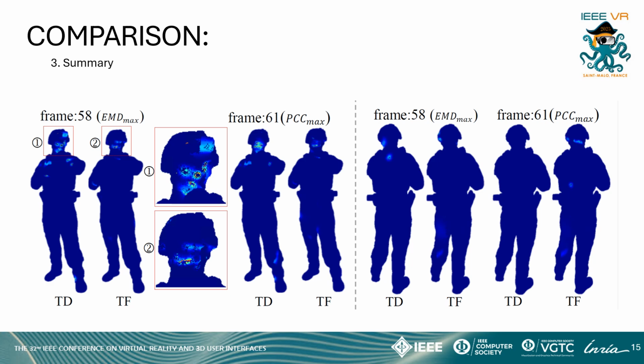But if PCC says they are similar, from the leg and the back view they are not similar at all. So that's why I think EMD is better than PCC. For the details of how we adapt EMD from 2D to 3D, you can refer to our paper.